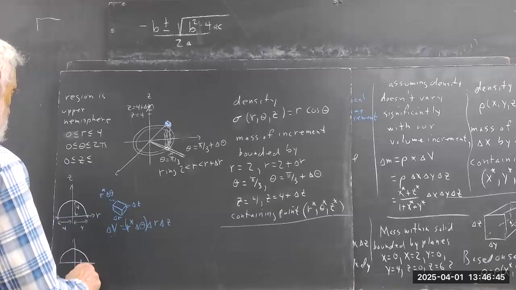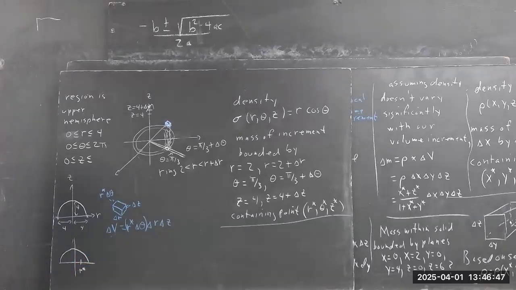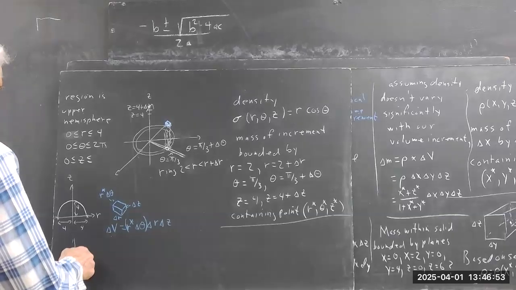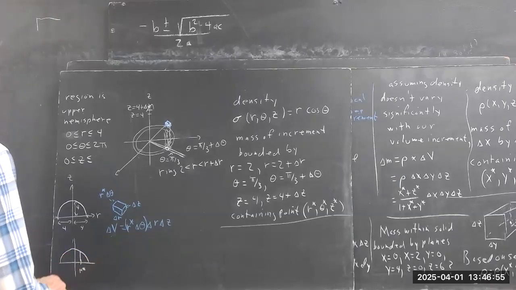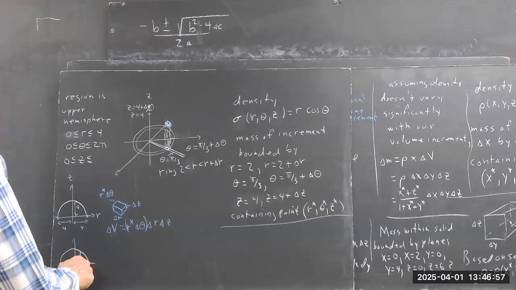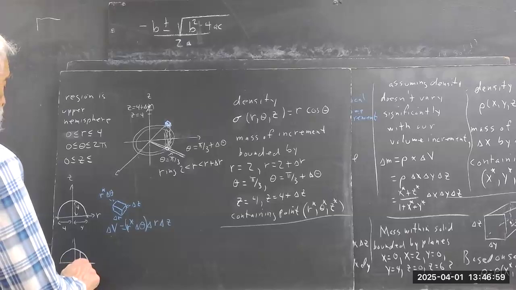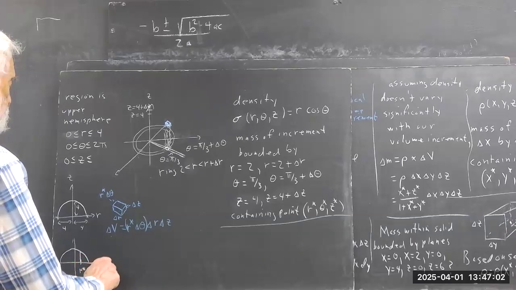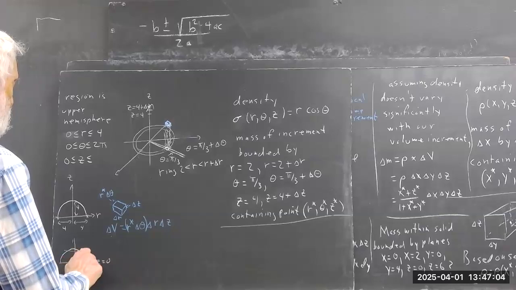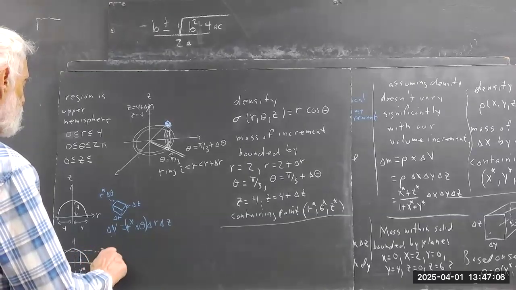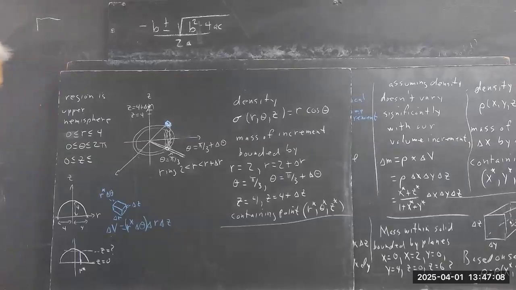Let's say here's R star. For this R star, Z goes from here to here. So Z goes from Z equals 0 to Z equals 1.